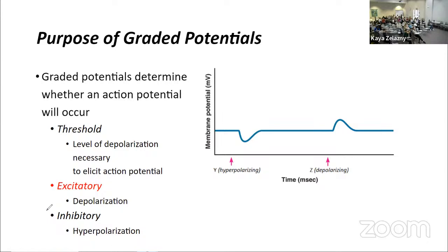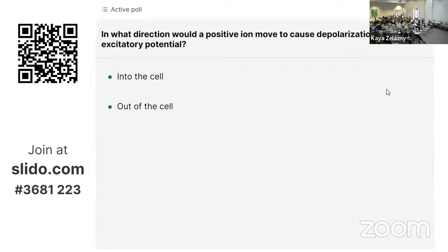Okay, cool. We're going to relate this to some ions. Say we have a positive ion, a cation. We're going to think about any of them right now, just a generic positive ion.